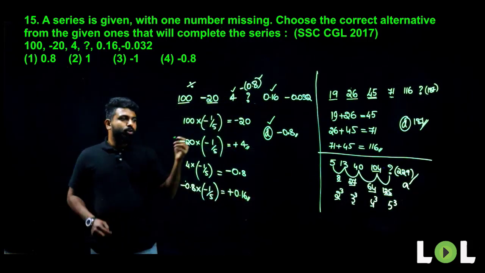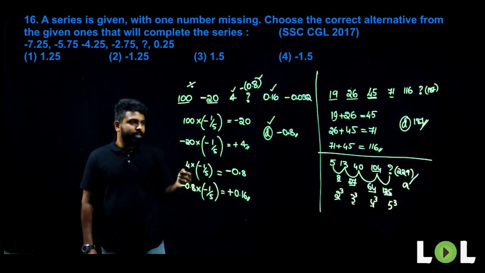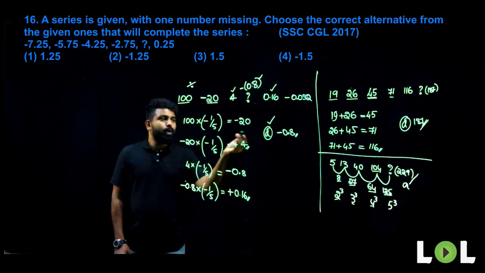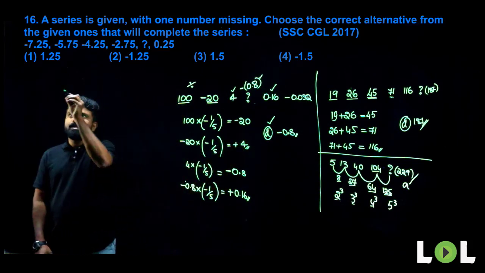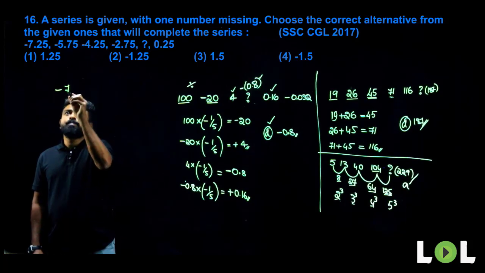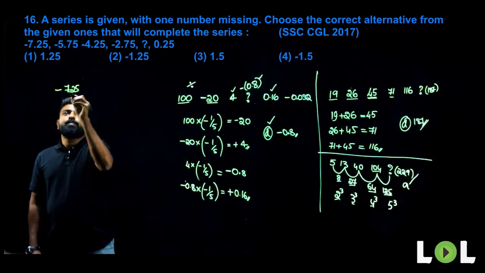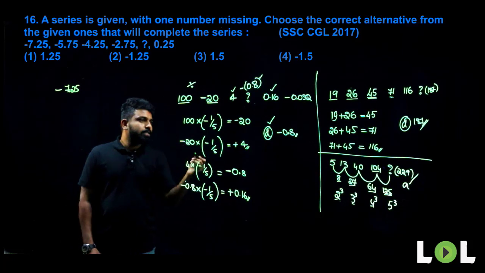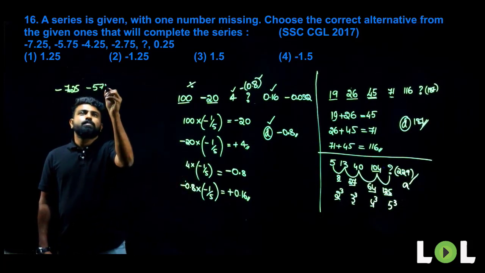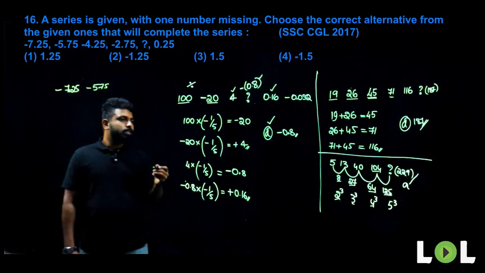So, let's move on to the next question then. What is the next question? Next question is from SSC CGL 2017. The question goes like this. The series is like this: minus 7.25, then minus 5.75, and then what is my next term here?